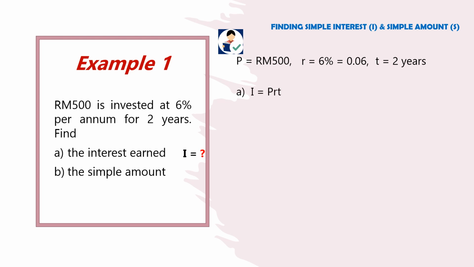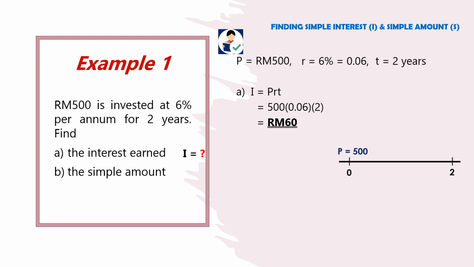So we use the formula I equal to PRT, which is equal to 500 times 0.06 times 2. So the interest earned is equal to 60 ringgit. And then for question B, we want to find the simple amount.